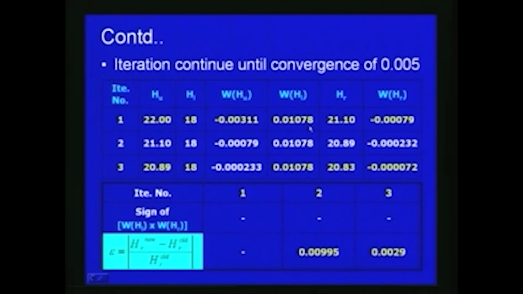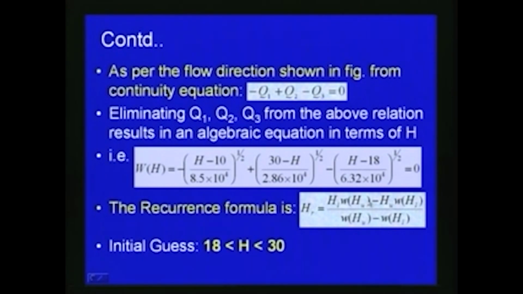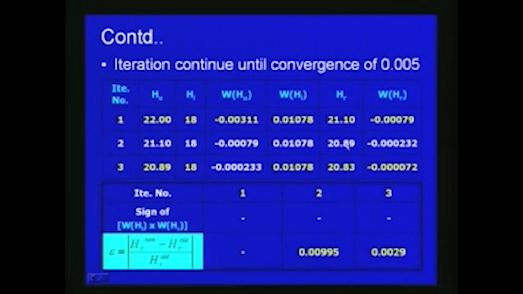In the second iteration we now use this HR 21.1 as our upper limit, and the lower limit is already assumed 18, and then again we find out W(HU). That will be the same value, minus 0.00079, and W(HL) will be the same, 0.01078, since the lower limit is the same. If you calculate HR again, we will get HR as 20.89, and the corresponding residue will be minus 0.000232.